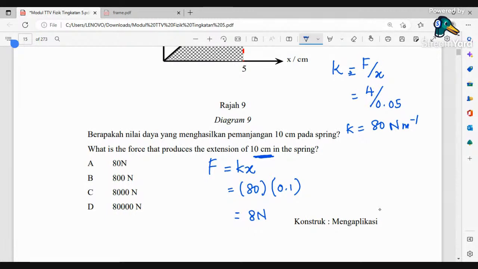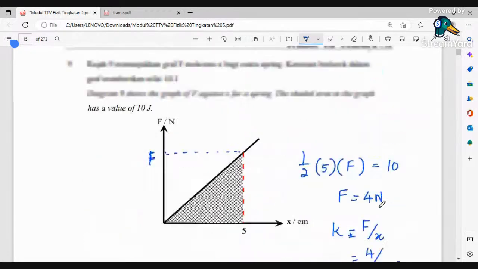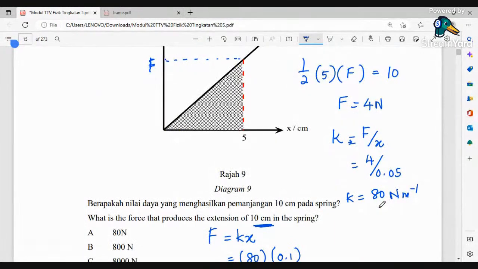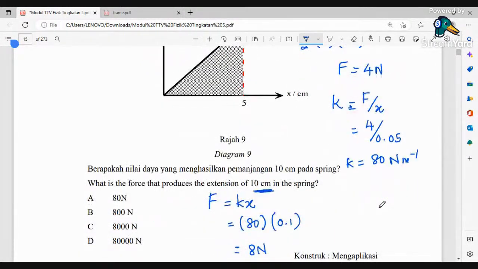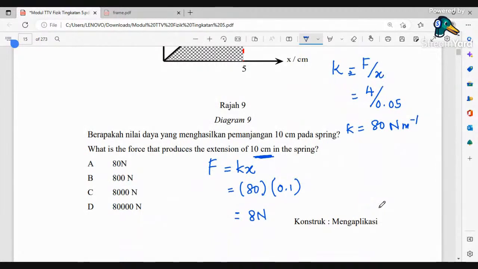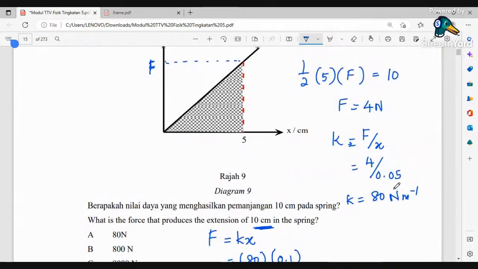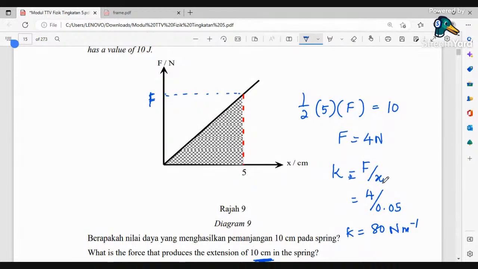I get 8 Newton, but no answer here. Oh yeah, I know the mistake.